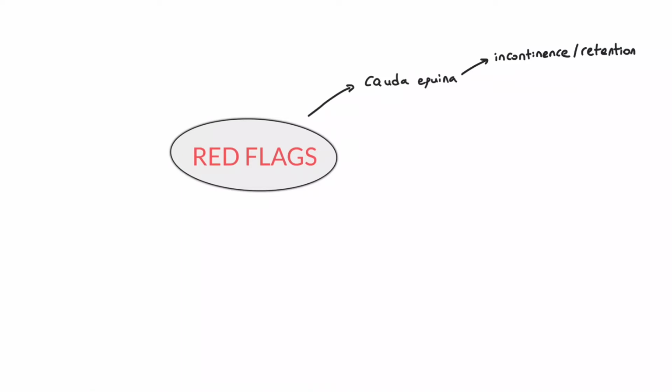Another common symptom could be what we call saddle anesthesia, which comes from the word itself, loss of sensation of the lower limbs, or paresthesia.